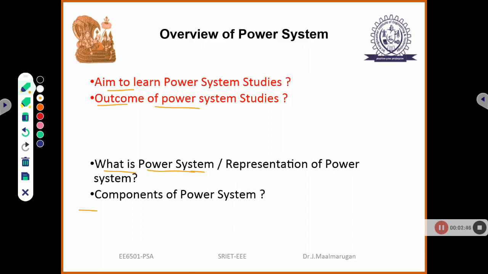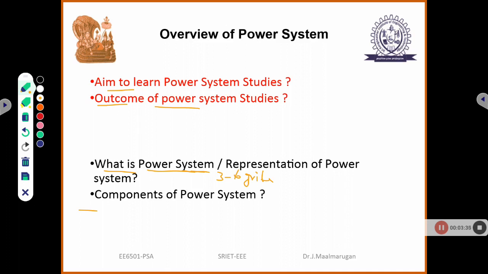A typical power system consists of a three-phase grid, which has generating stations. Energy is transmitted through the substation to the distribution transformer, and the distribution transformer feeds the various loads. That is the representation of power system. Once again, I am repeating: a typical power system consists of a three-phase grid, with generating stations like Mettur and Neyveli. Energy is transmitted to the distribution transformer nearby your city.